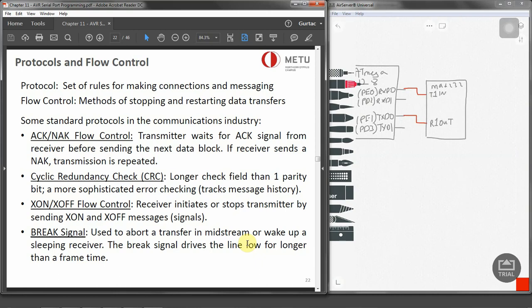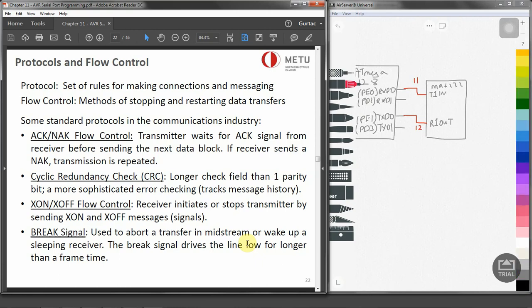So the null modem connection: the receiver is connected with the T1 in, the transmitter part of MAX232, and the transmitter of Atmega is connected to the receiver side of the MAX232. Now, this is actually pin 11 and this is actually pin 12 on MAX232.